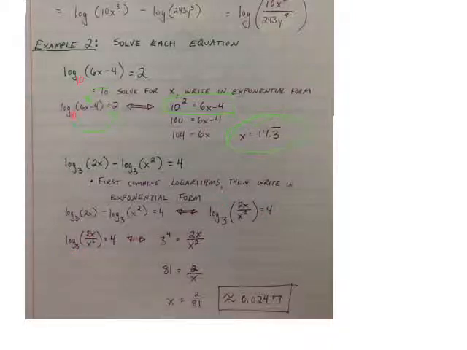So we have base 3 raised to the fourth is equal to your argument. So 3 to the fourth is equal to the argument. And now it's an algebraic problem that we can solve with our algebraic properties. 81 equals 2 over x. I canceled an x out of top and bottom, and then I solved for x. And there we have an approximate value.